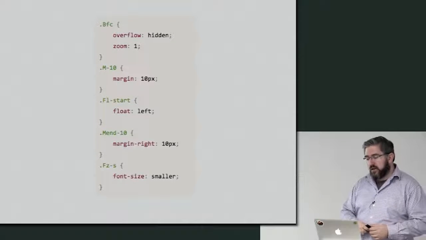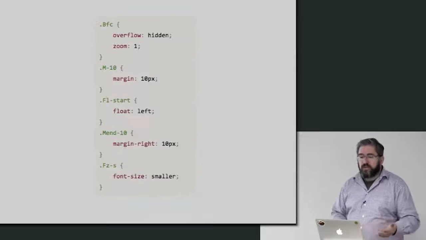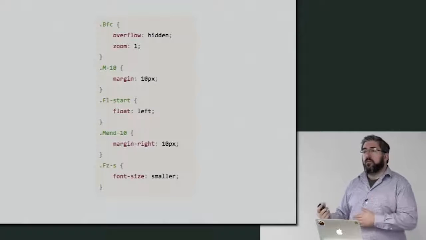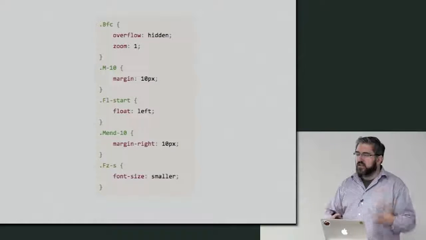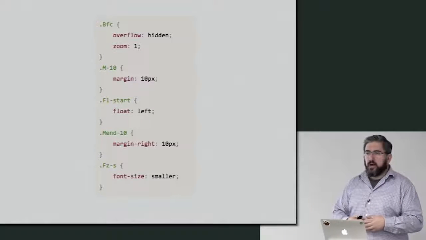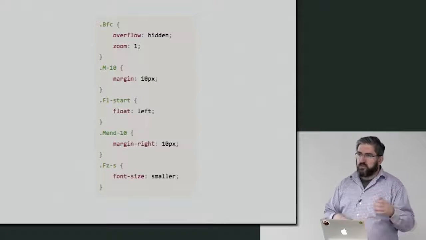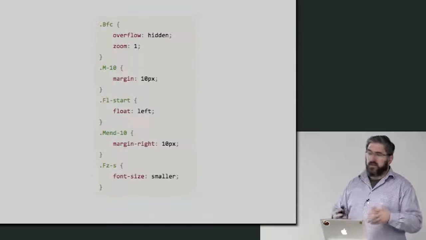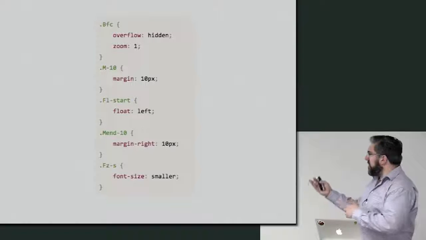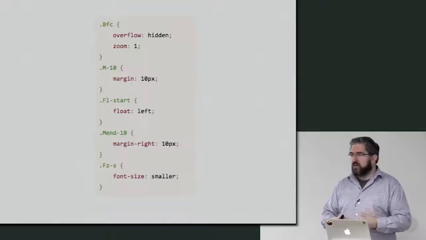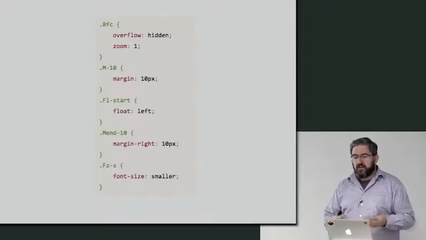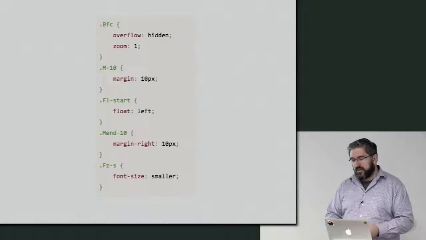He even wrote up an article on SMACSS magazine to describe this process, having these utility classes and essentially mixing these things together. So BFC, which is a new block formatting context, you've got margins, you've got floats, but again, these really short class names are kind of confusing and hard to understand, and to me aren't a whole lot better than inline styles.